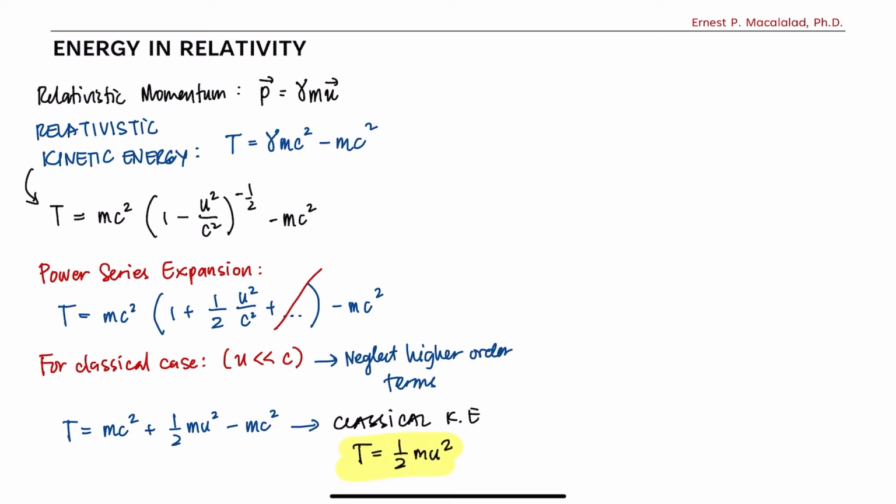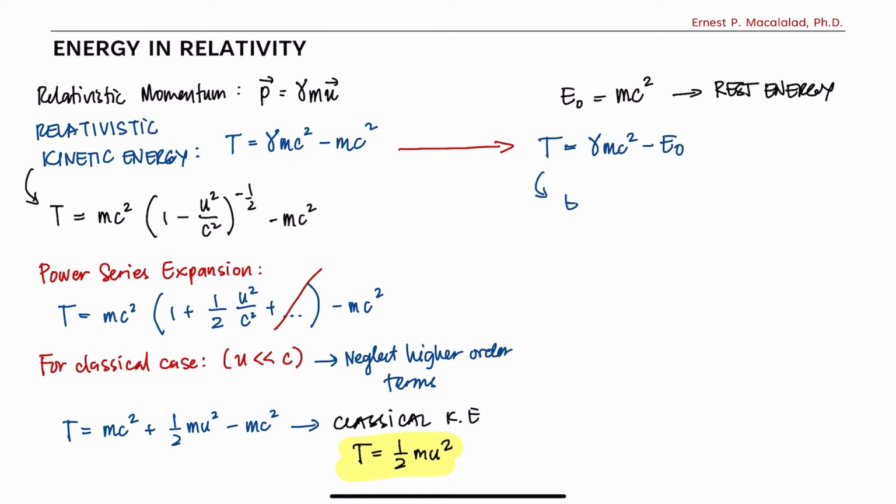Here we can also look at the term m c squared. As you know, we call this the rest energy, denoted by E naught, which is one of the most famous equations in physics that tells us that energy and matter are equivalent. So we can rewrite the relativistic kinetic energy as gamma m c squared minus E naught. Rewriting this equation, we have E equals T plus E naught.